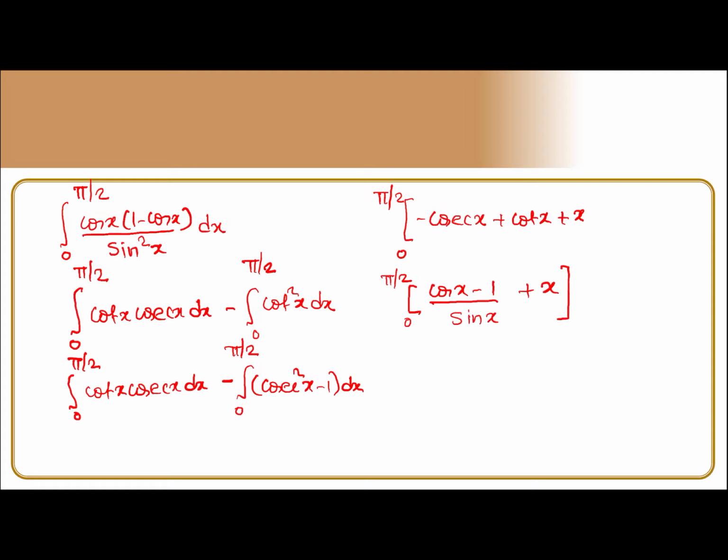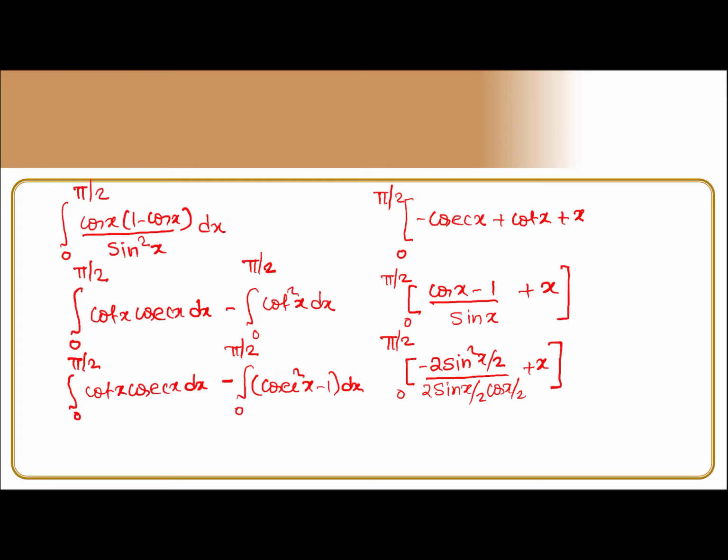So we always convert into half angle. 1 minus cos x, you get minus 2 sine square x by 2, divided by 2 sine x by 2 cos x by 2, plus x.